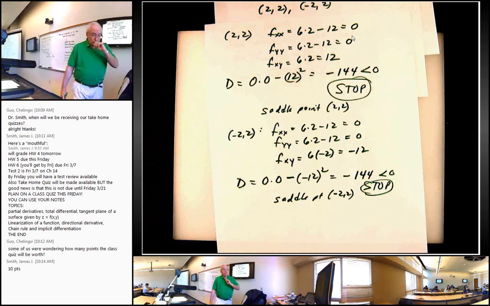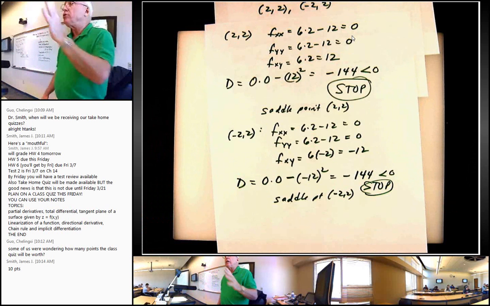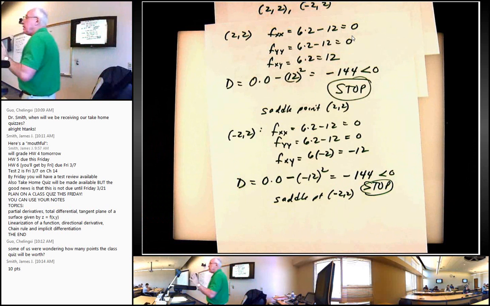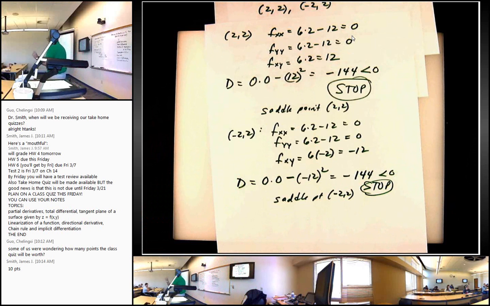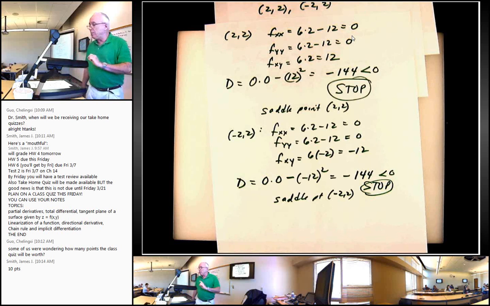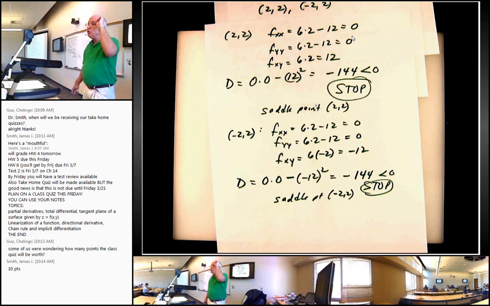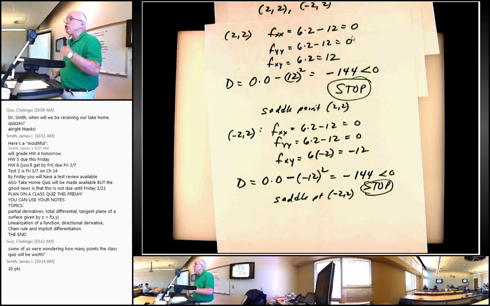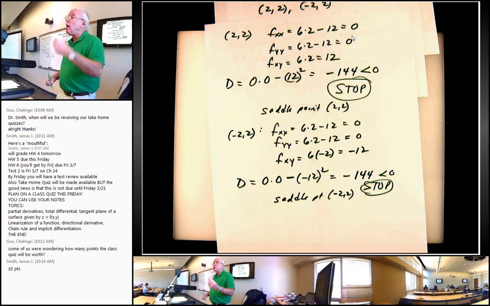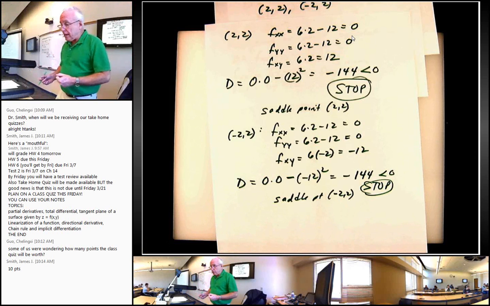Now, on a test, I'm just going to stop there as far as just identifying which of the critical points is a local minimum or a local maximum. However, on a couple of the homework problems, what they also want you to do for anything that's a local minimum or maximum is plug that xy into the original function to get the actual function value.